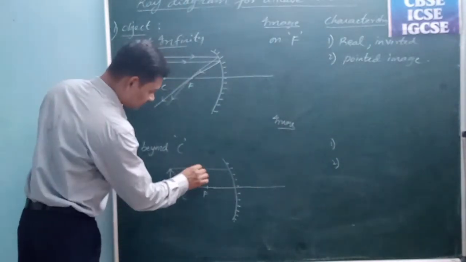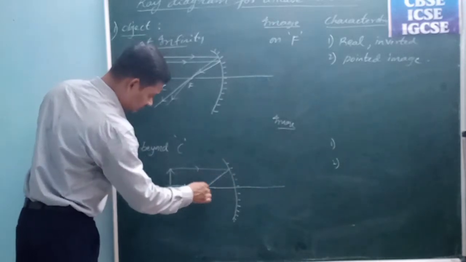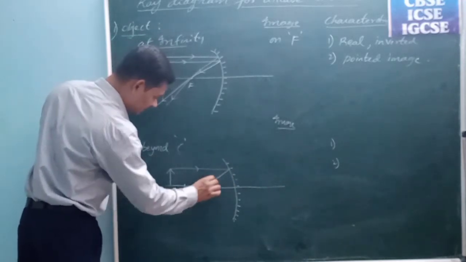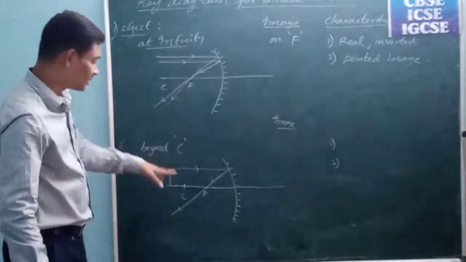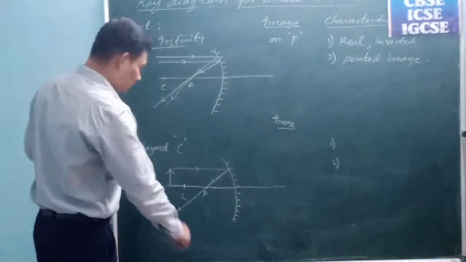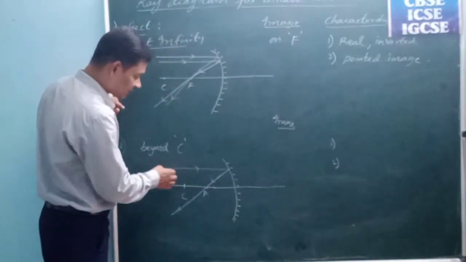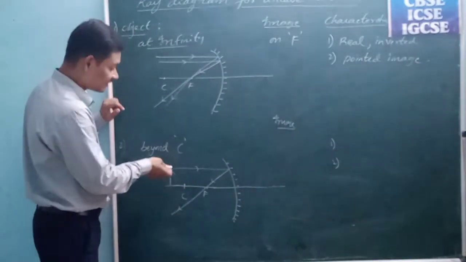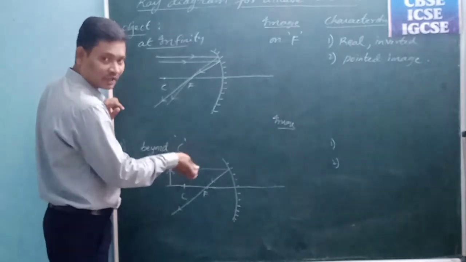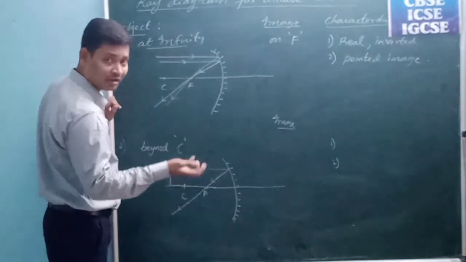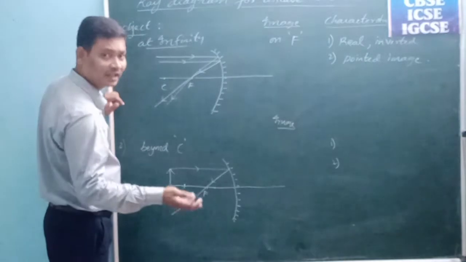Here the first reflected ray, after reflection, is passing through F. Then the second light ray I am taking. Actually, there are an infinite number of light rays falling from any object, but for instance we have taken only 2.